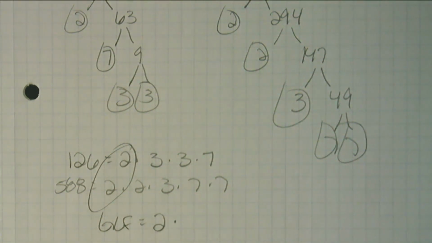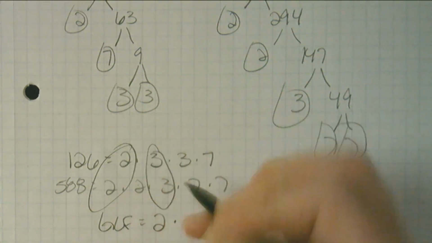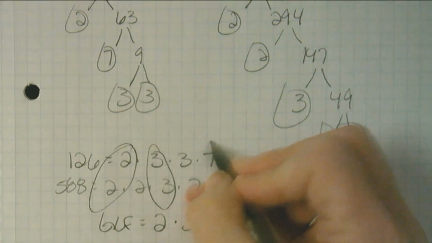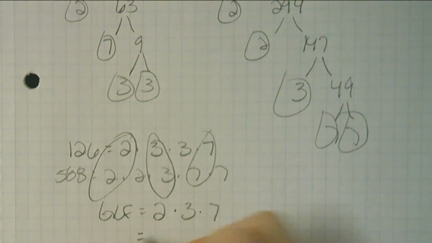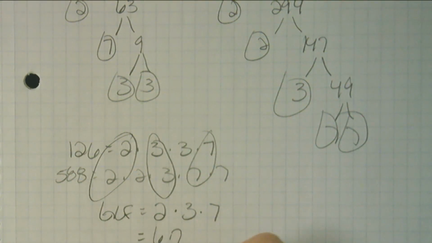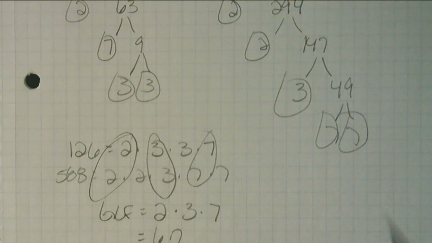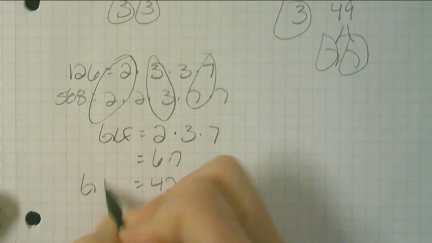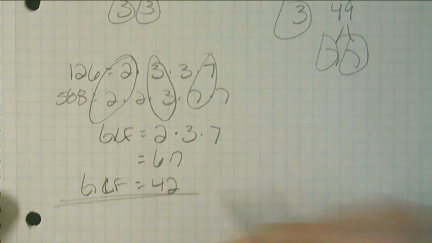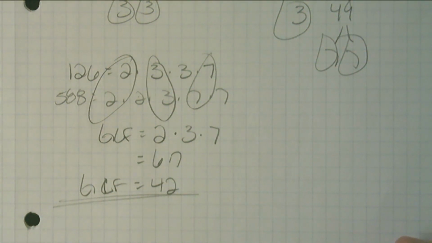They have a 2 in common, a 3 in common, and a 7 in common. So 2 times 3 is 6, times 7, so that's 42. All right, what does that mean? So if our GCF is 42, what does that 42 mean? Mateo?